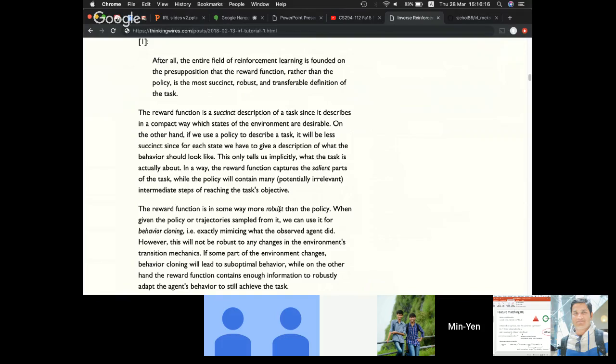Maybe the goal is to try to move it onto any triangle. Maybe it was to purposefully move it to the purple triangle. Maybe you're trying to move it right. So from a particular part of a trajectory, you may not know what the goal is. So there's an ambiguity there that we're not sure about.